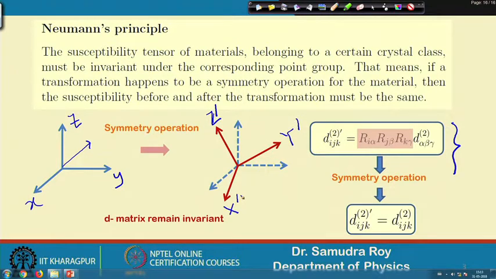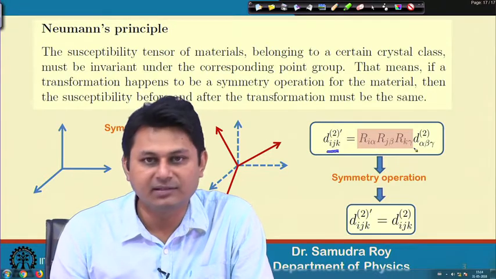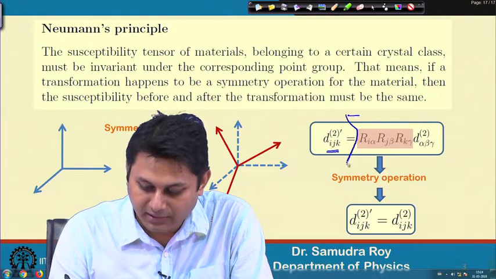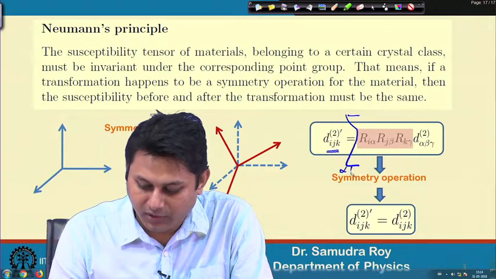If I put this operation on a matrix, the relationship between the old and new matrix is represented by this particular form, where the ijk component is expressed in terms of alpha, beta, gamma, which are repeated indices. So, if I put a summation sign, it should be over alpha, beta, gamma.